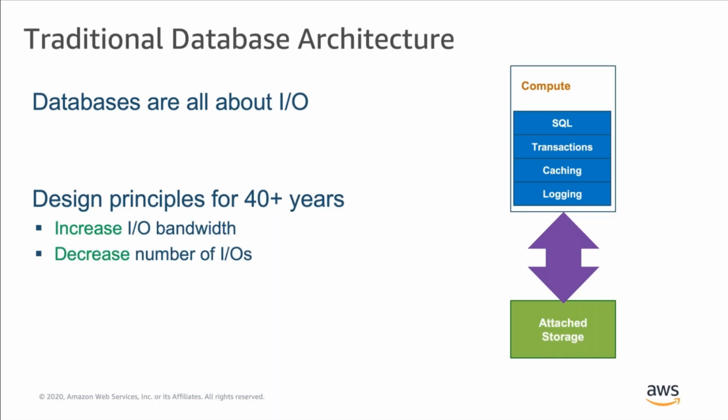And for 40 years, the fundamental design principles for this architecture haven't changed. Increase the I/O bandwidth between the database and the storage, and decrease the number of I/Os. And as long as you were able to do both of these things, your database would perform well, and you could continue to improve on the performance of the database.